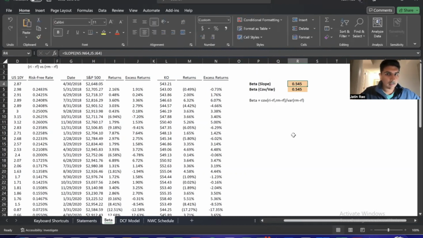So that is, in essence, how you calculate beta. It was a relatively simple process.